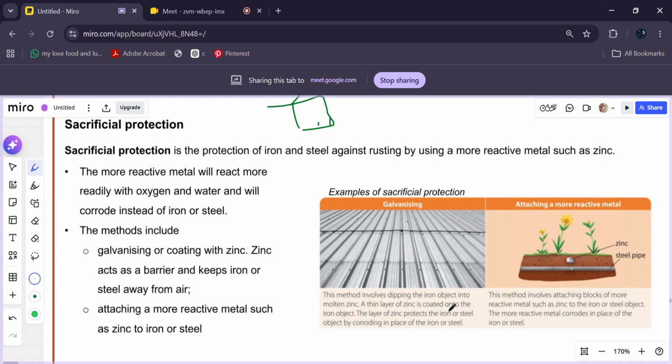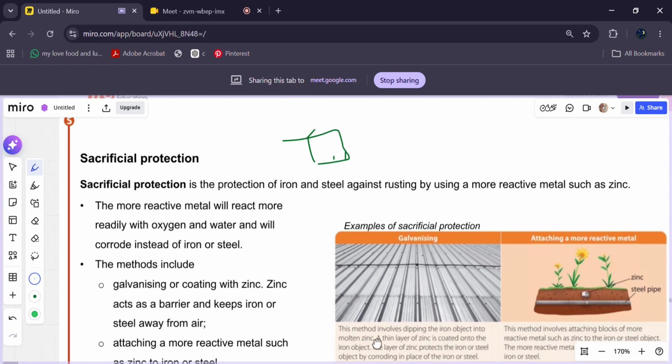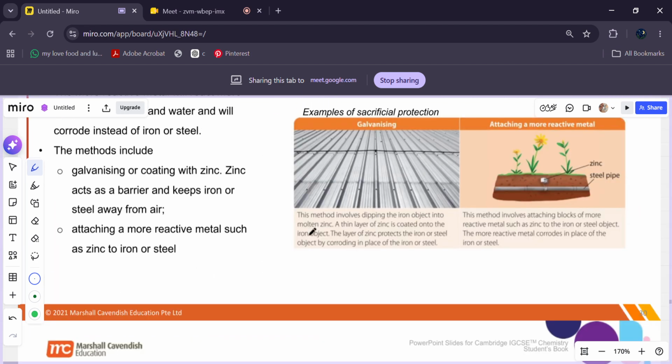Zinc loses electrons in preference to the iron and prevents iron from forming iron(III) oxide, which is rust. Therefore, more reactive metals such as magnesium and zinc will corrode instead of iron. As long as the magnesium or zinc is present, iron will not rust. This is called sacrificial protection because the more reactive metal is sacrificed to protect the iron or steel.